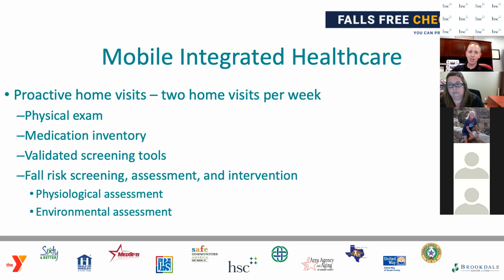So from the unlit hallways between the bedrooms and the bathrooms to unsecured throw rugs, or simply clutter on the stairs or clutter in other narrow spaces, these things can all increase our risk for falling. And in some instances, maybe they just need some grab bars or handrails in the bathroom. And again, we're going to work with our resources in the community and our community partners to make sure that that home is safe, and that we are doing everything we can to minimize those risks.